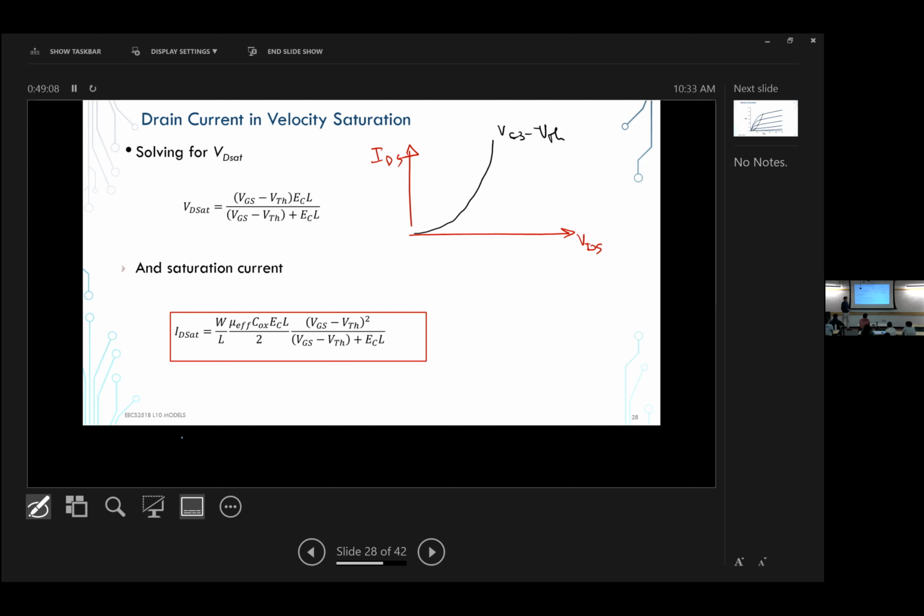Well, if the device is not velocity saturated, I would say that it has a very long length, so ECL is much greater than VGS minus VTH. That will dominate here, it will cancel out, and it would look like that. If ECL is a lot smaller than VGS minus VTH, then it would be a straight line out at some point.